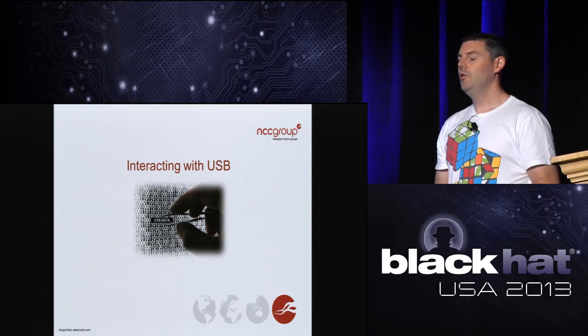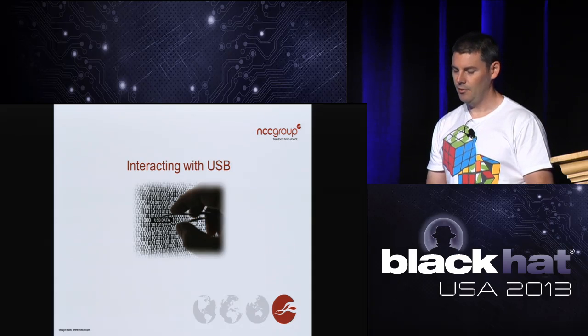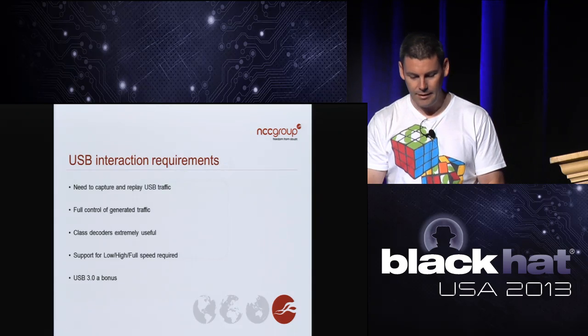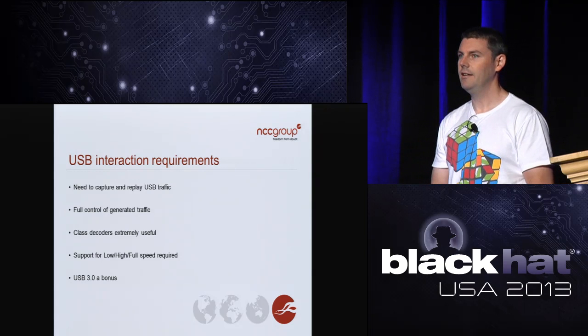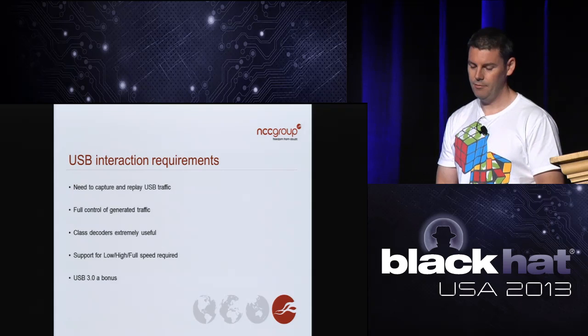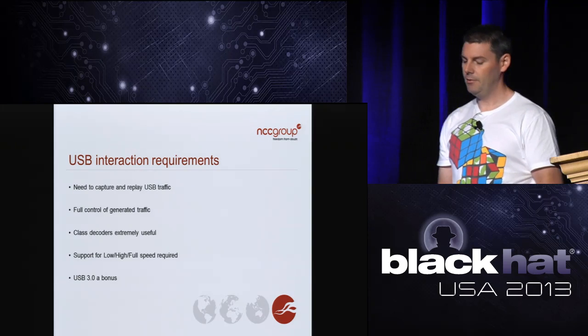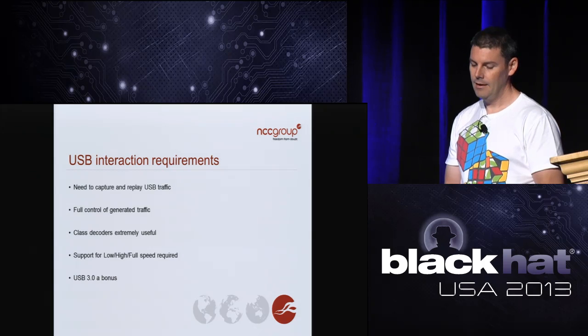So if we're going to try and identify information about these systems via USB, we need to be able to interact with it. And how are we going to do that? What kind of areas of functionality do we need to be able to achieve with USB? Well, we clearly need to be able to capture USB traffic and be able to replay it faithfully.